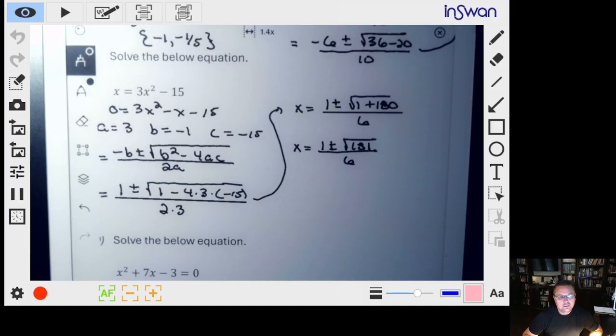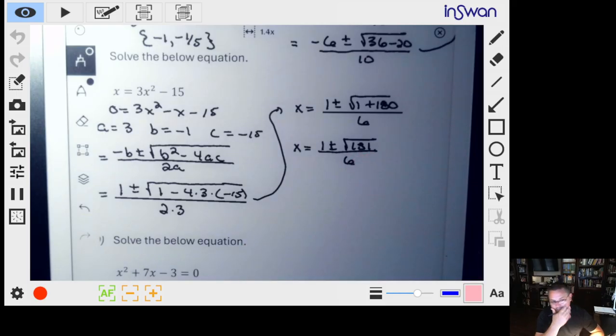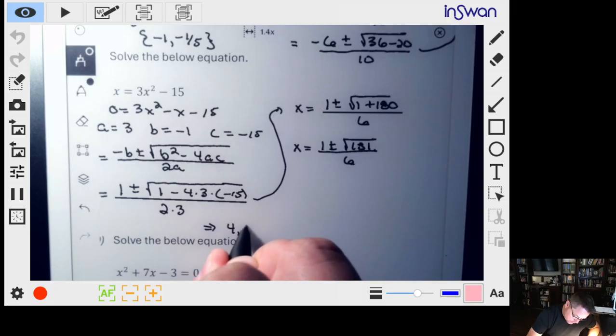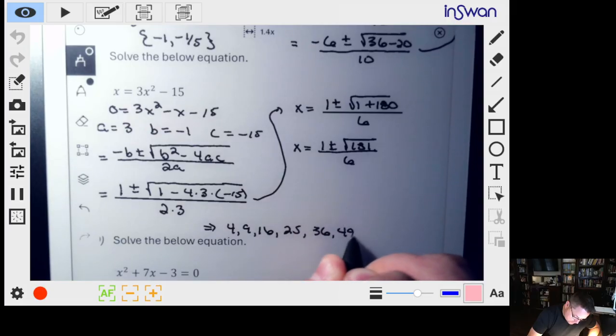Okay. So 181, I'm looking to see if it's divisible by any perfect squares, because I want to try to reduce this if possible. 181, I know it's not divisible by 4. So my perfect squares, remember, are 4, 9, 16, 25, 36, 49, and so on.